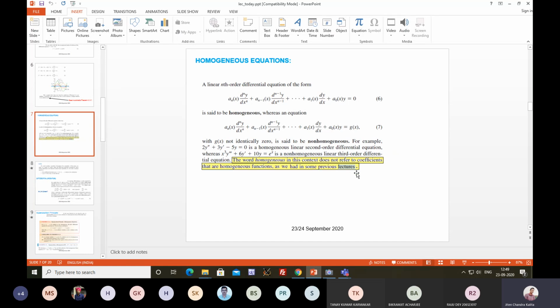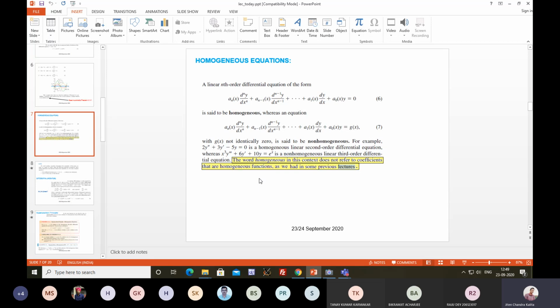Like here it is 0, and here it is 4x, and you know that for any value of x, 4x is never going to vanish. The word homogeneous in this context doesn't refer to coefficients that are homogeneous functions.